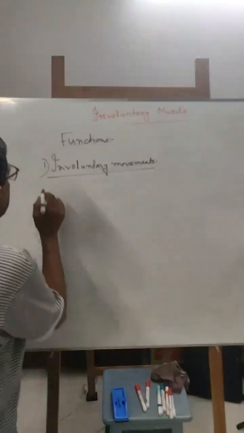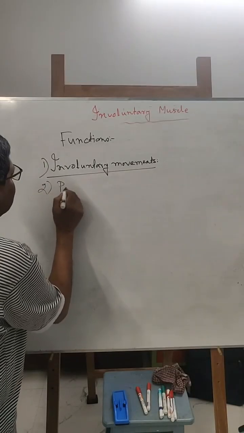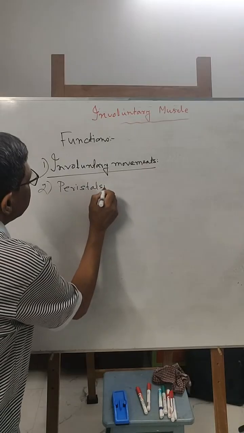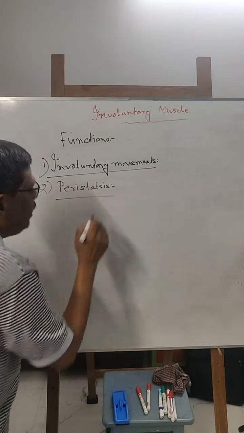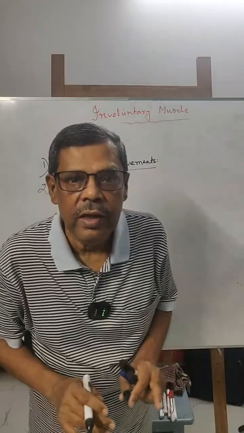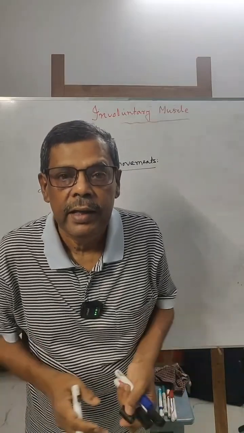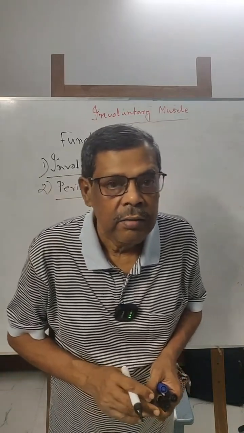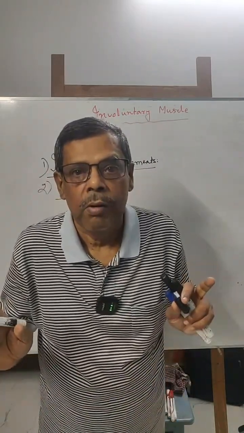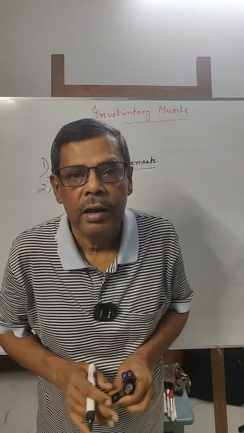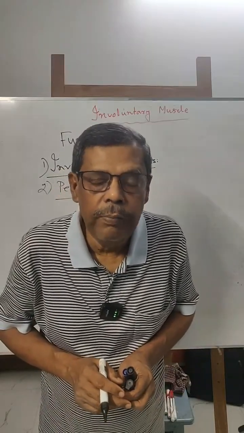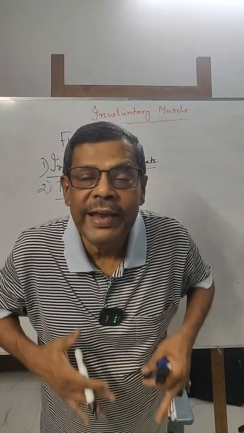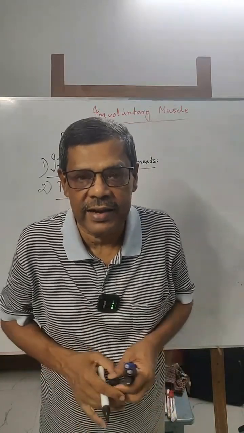Next, number two, peristalsis. Peristalsis is the rhythmic contraction and relaxation or expansion of body organs, such as the gastrointestinal tract.